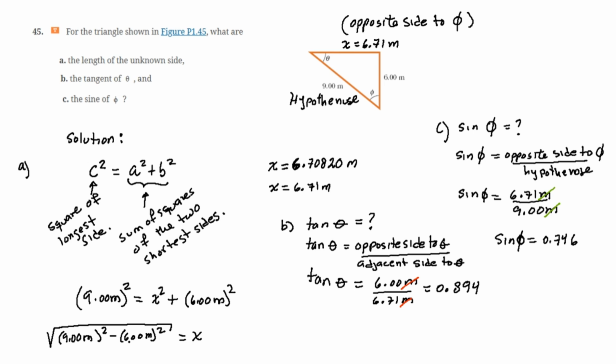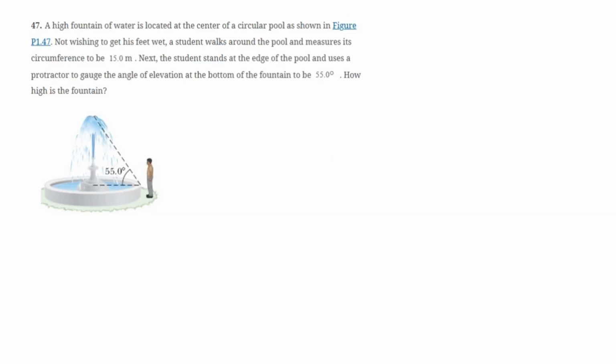Now, let's solve another problem that involves trigonometry. They say a high fountain of water is located at the center of a circular pool, as is shown below.